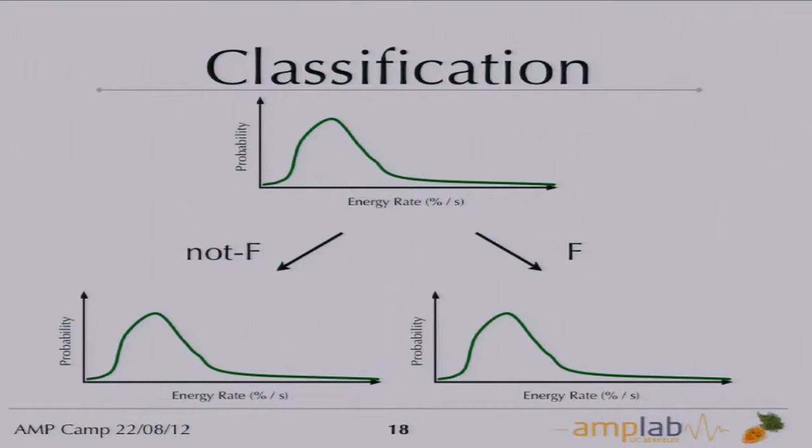To do this classification, we might decide that a particular distribution we want to split into two other distributions. One is conditioned on a particular feature, and the other is conditioned on its negation. So F and not F, say. Now, by virtue of doing this split, for both of those distributions, we're going to have less data. So we're already reducing one factor that causes our error bounds to grow.